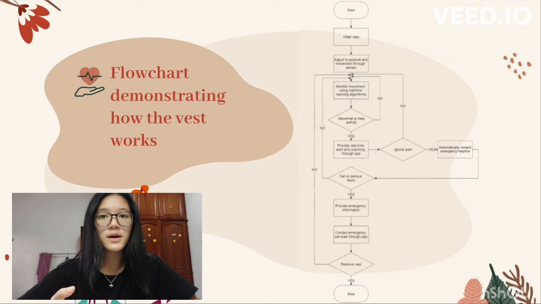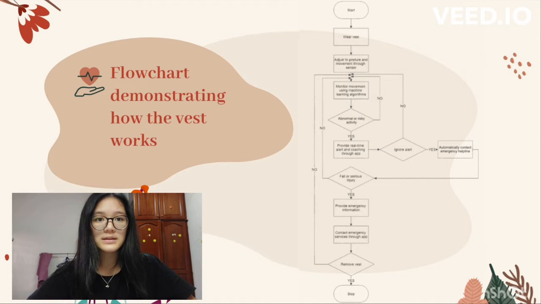If there is an abnormal activity or a risk of fall or injury detected, the system will be triggered and alert the patient. If the patient falls or any injury happens to them, the system will automatically contact the helpline, and at the same time, the system will also provide emergency information to the hospital. But if the condition is safe and nothing happens, the system will continue to monitor the patient. The system will stop to scan or monitor them once they remove this smart Internet of Things vest.